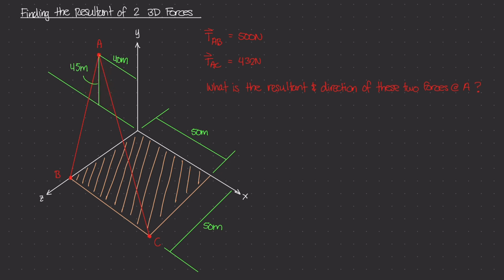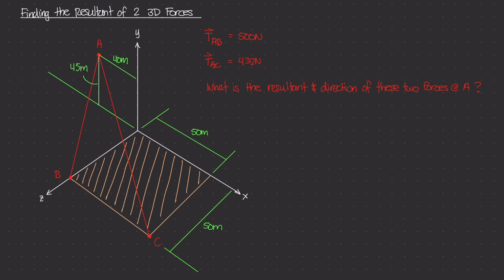Now, if you look closely at A, you'll notice that A is in the XY plane only. In other words, it does not have a Z component, so it's just in this plane only. The Z coordinate for point A is 0, but A does have an X coordinate and a Y coordinate.